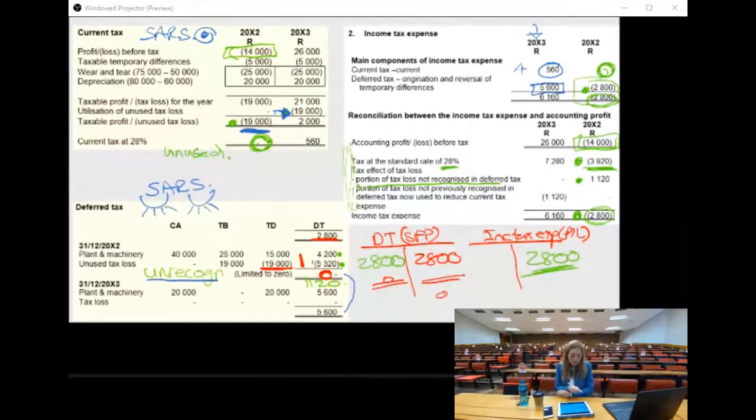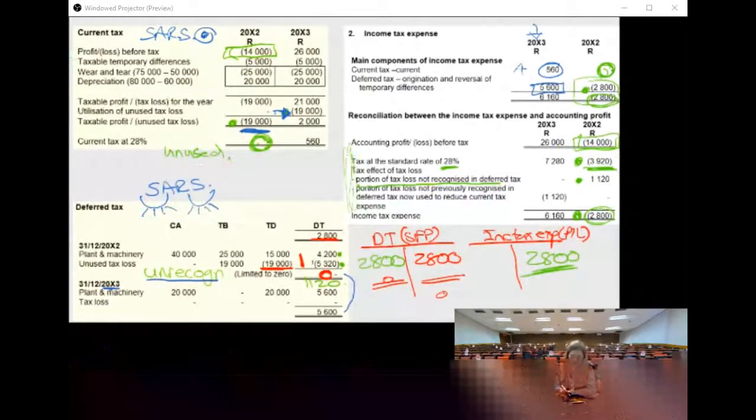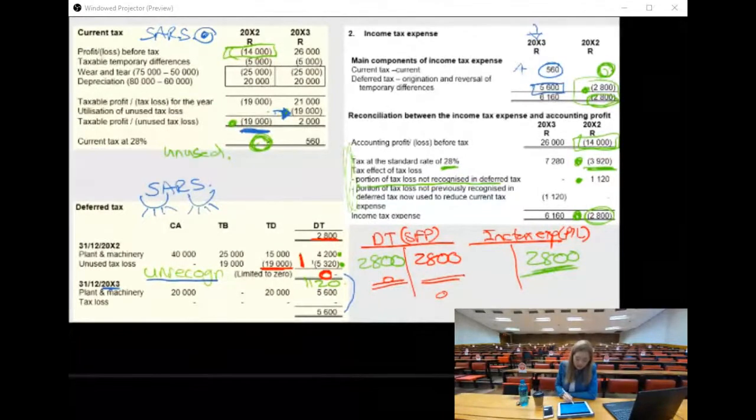Okay, so this movement in deferred tax, first of all, relates to the movement from 4,200 to 5,600. So that movement, this 2,800 movement over there, actually consists of 1,400 liability, or increases my deferred tax liability, and then there's 4,200 debit amount from my tax loss.